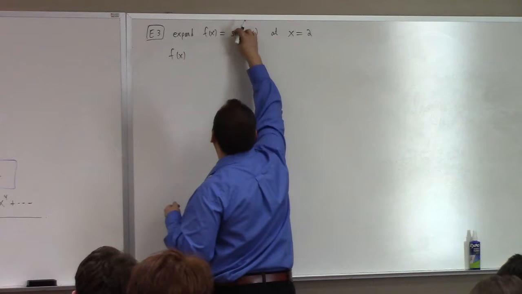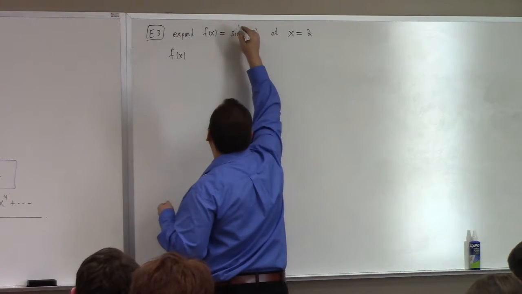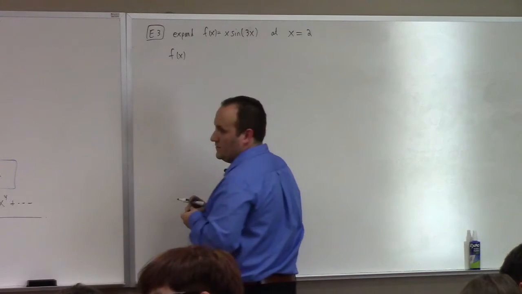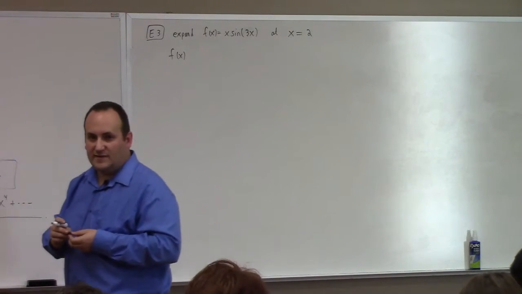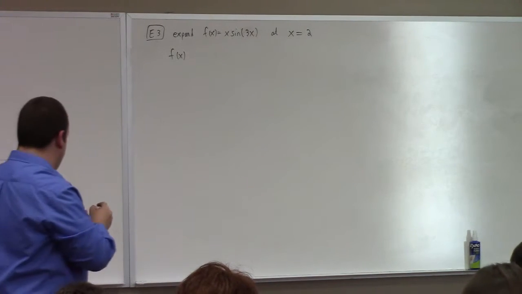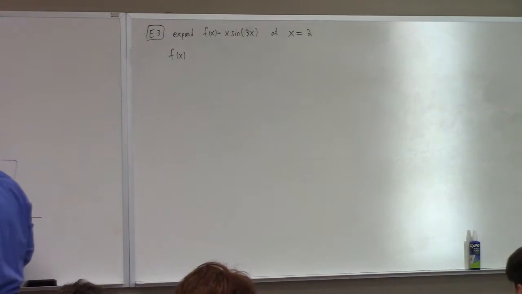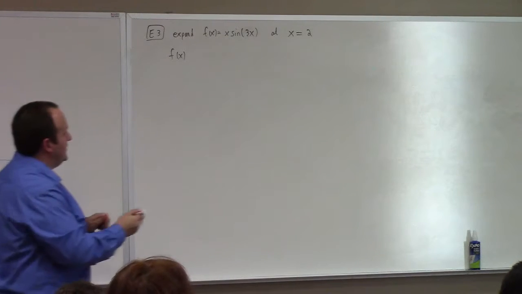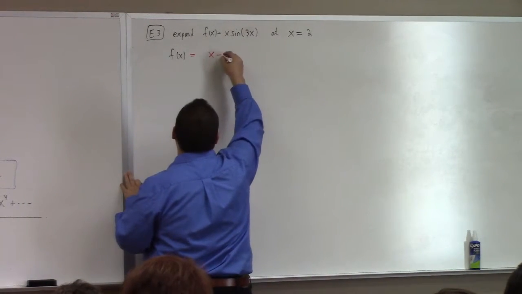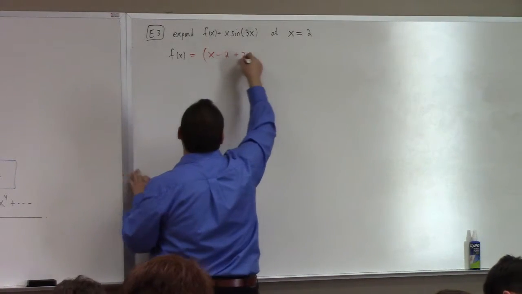Actually, let me make it so that Taylor's theorem would be painful. I'll just put an x here. There. That makes Taylor's theorem really unpleasant. It also makes this problem significantly more unpleasant, but we'll deal with it. Okay, so basically the trick is just to replace x with x minus 2 plus 2.